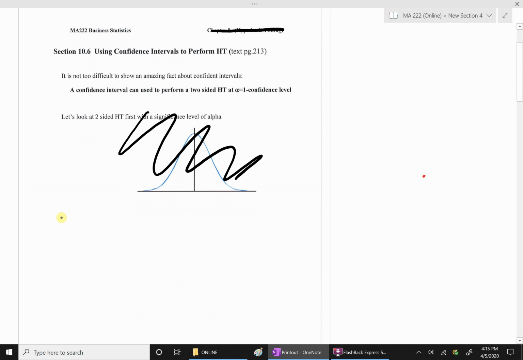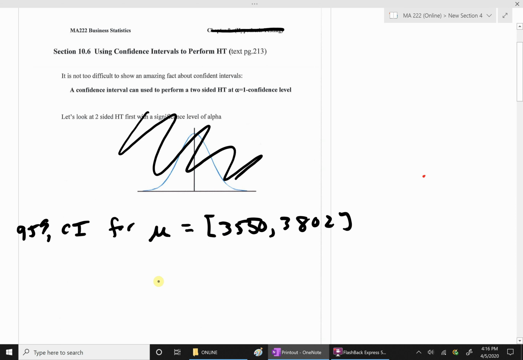So we said that Abe had, if I remember correctly, a 95% confidence interval for mu, where mu was the average amount of revenue his restaurant brought in a day, and the 95% confidence interval, if I remember correctly, is 3,550 to 3,802. So it looks like this.